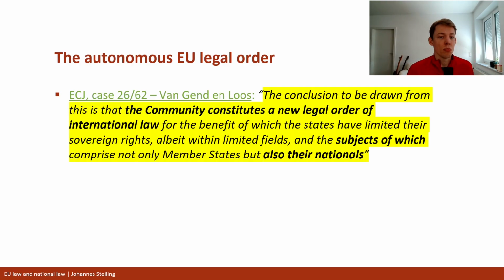Because basically, if we think about the EU as an international organization, an institution of international law founded by treaties between member states, we have the different treaties throughout history, the treaties of Rome, Maastricht, Lisbon and so on, concluded by the member states.